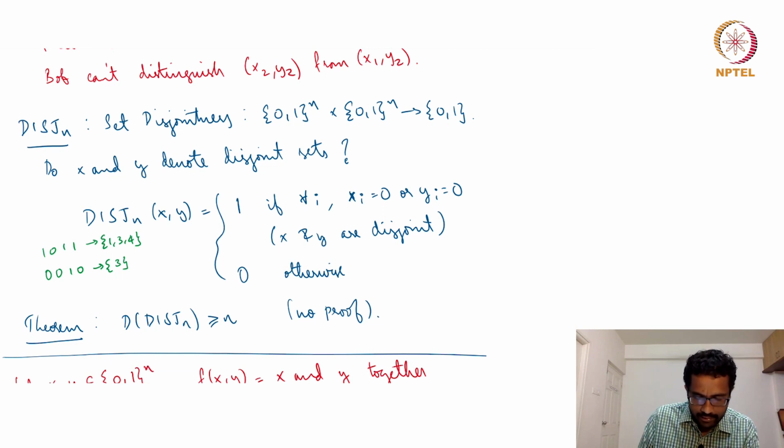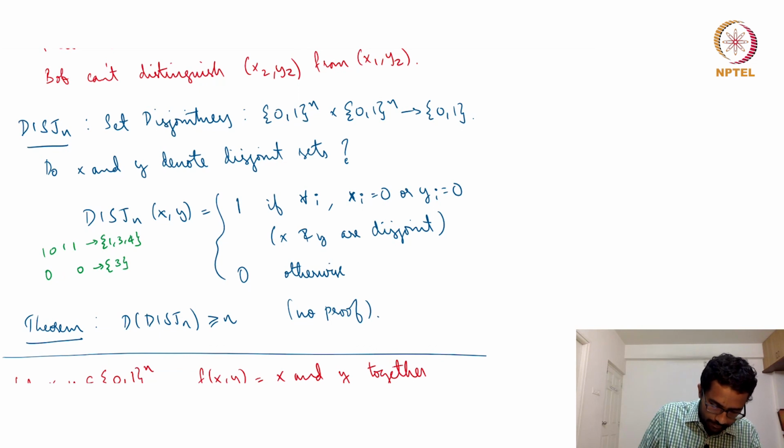So disjointness is 1 if the sets are disjoint, or in other words, in terms of bit positions, for all indices i, either Alice's xi should be 0 or Bob's input yi should be 0, and 0 otherwise, meaning there should be some index j for which xj and yj should both be 1. So in this case this is the third index.